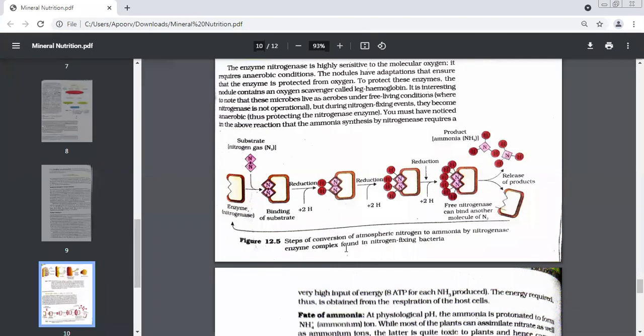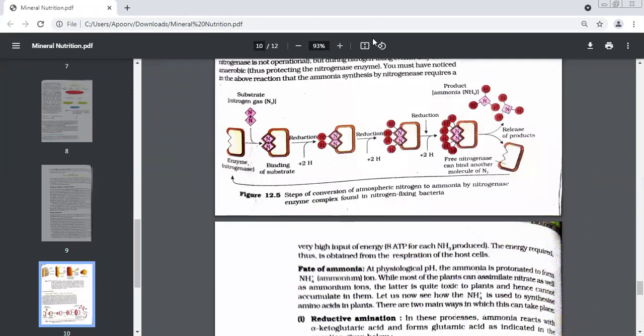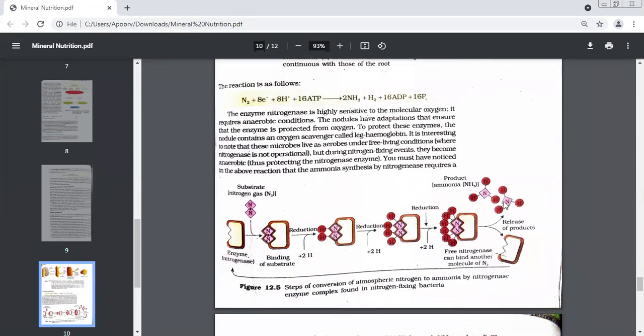Come on, whatever comes to your mind about the word scavenger. You can make guesses also. Somebody said cleaning. You're going right, perfectly correct. They clean the oxygen present.